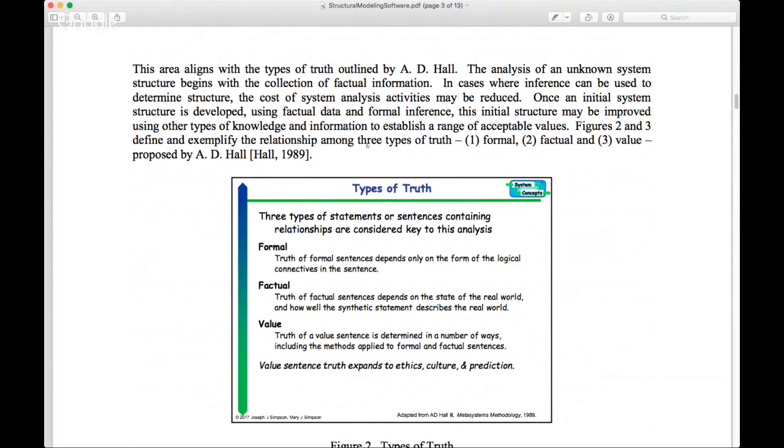So in the structural modeling process, we actually have both of these. We first go get some information about the real world situation, which spends resources to do that. We bring that information back, and then we use our formal methods to infer more information. So we have two sources of information, factual and formal.